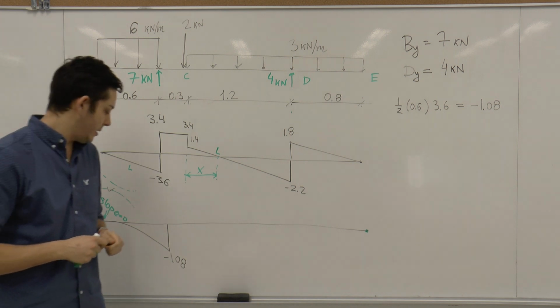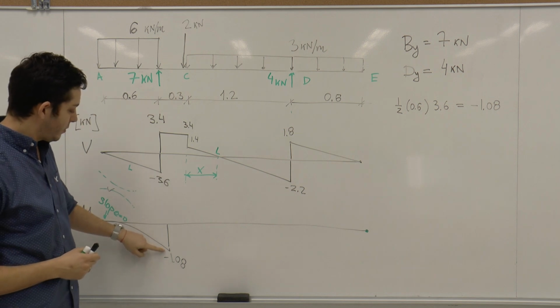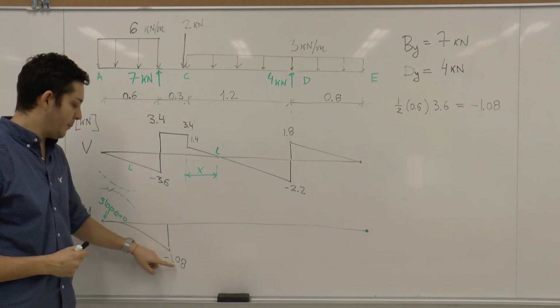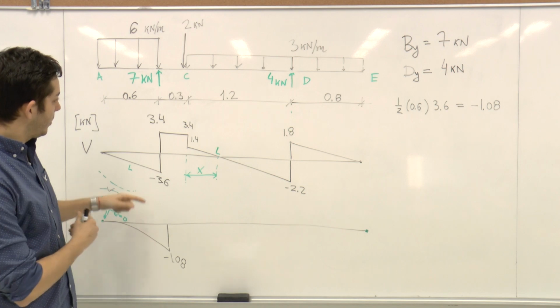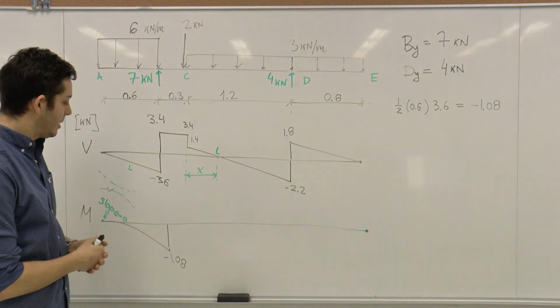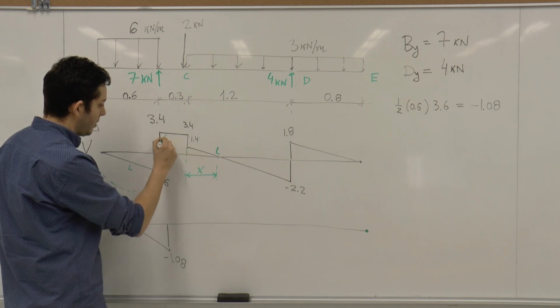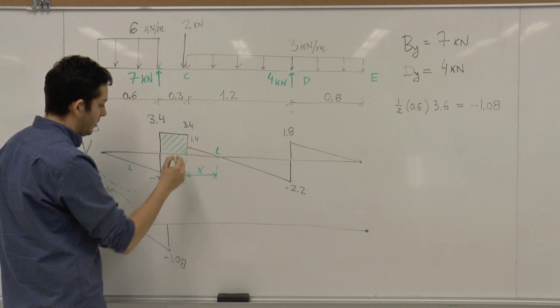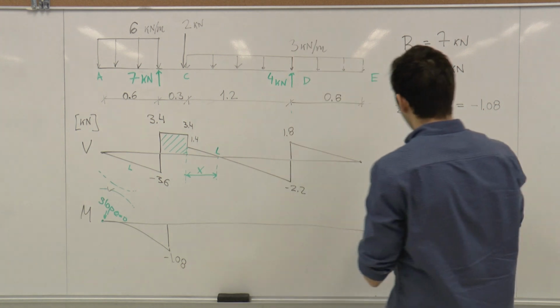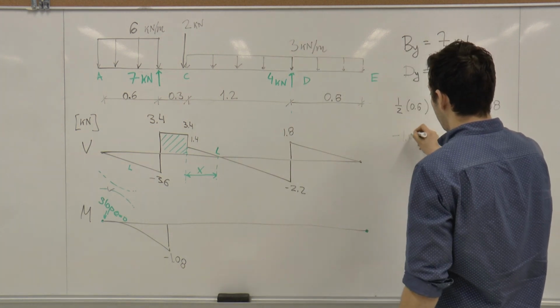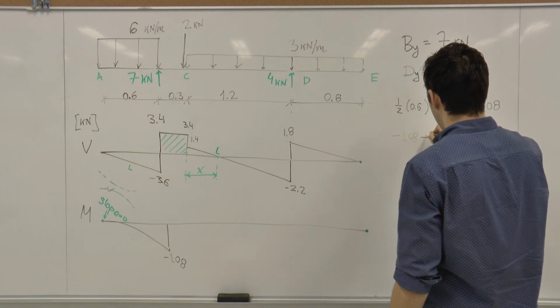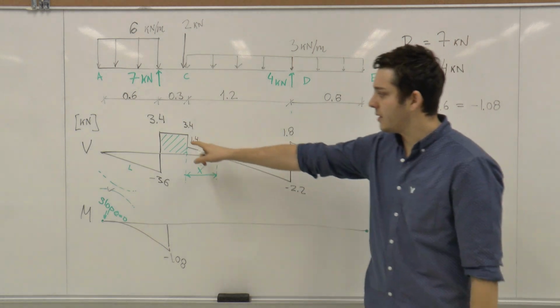Great. Now we're going to continue. Going from this point where it's minus 1.08, and we want to go to point C. So we need to add this area. So we're starting from minus 1.08, and we want to add the rectangular area.